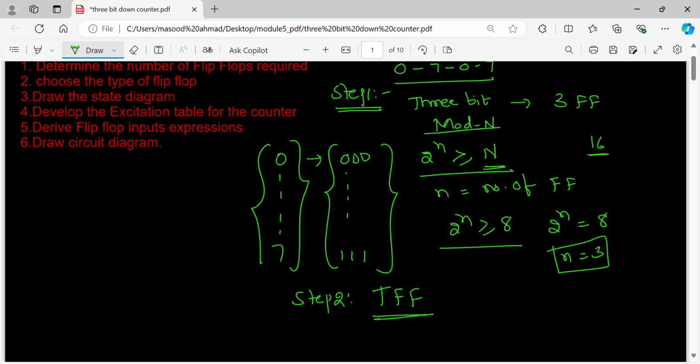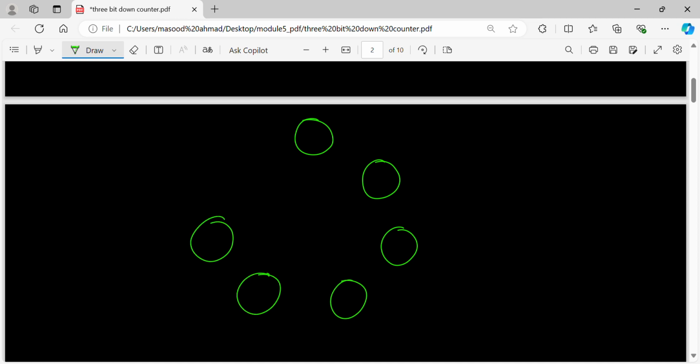Next, what I need to do is draw the state diagram. The state diagram shows how exactly your counter has to behave. The state diagram is something like this. We have seen it already for the up counter. Similarly, we are looking at a down counter.